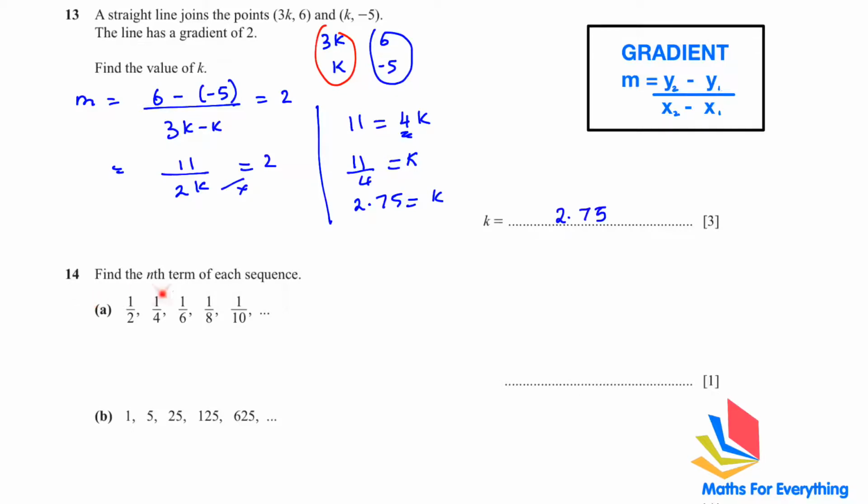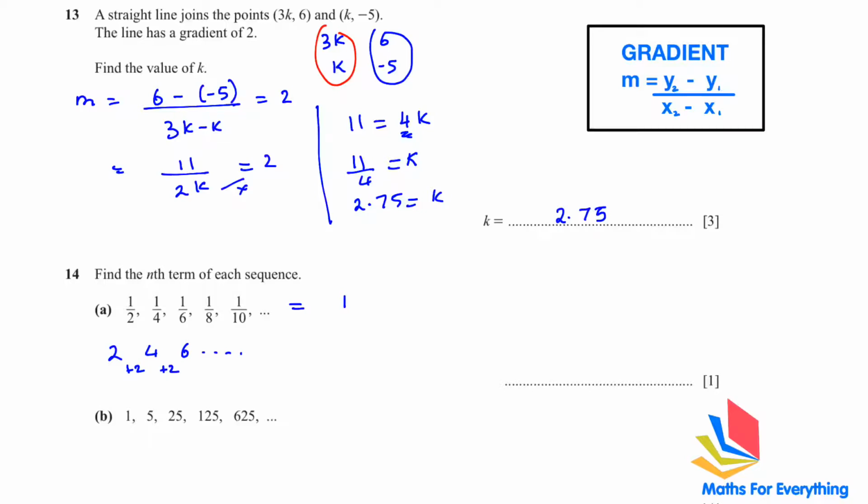Next question, find the nth term of each sequence. Whenever you have a fraction, we solve the numerator in a separate way and the denominator in a different way. So the first one is 1 and the sequence in the denominator is 2, 4, 6, 8. We can see that we have to add 2 every time.